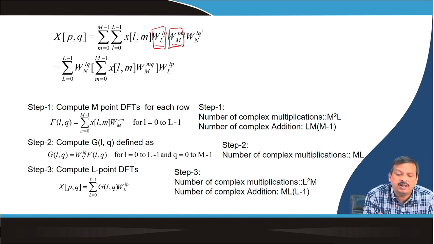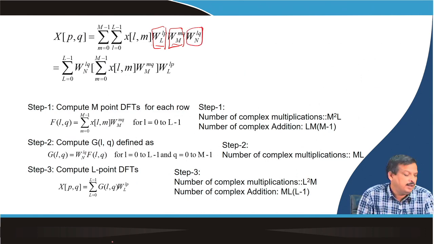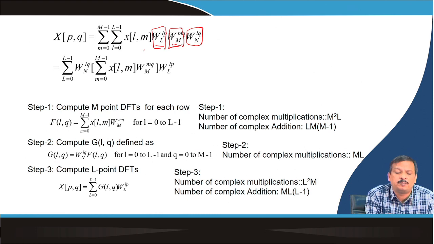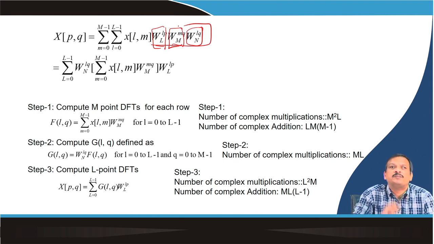This part is 1, this part is 1. So, I write down the simplified form of W using the periodicity property of the discrete Fourier transform.